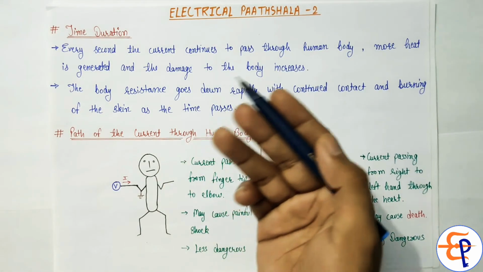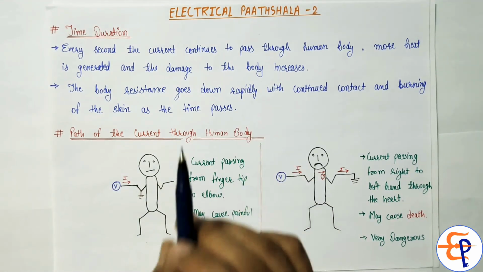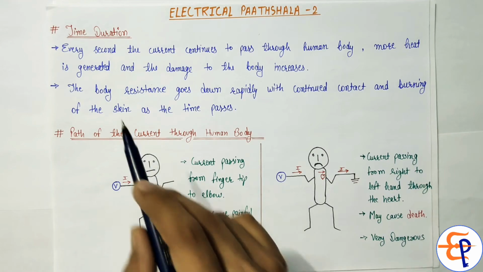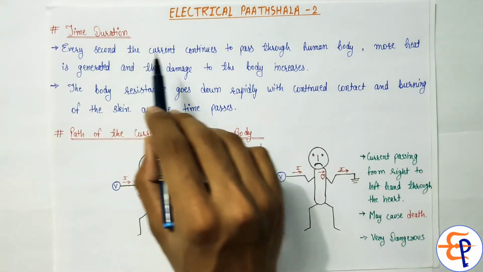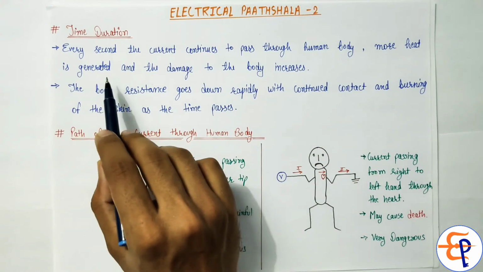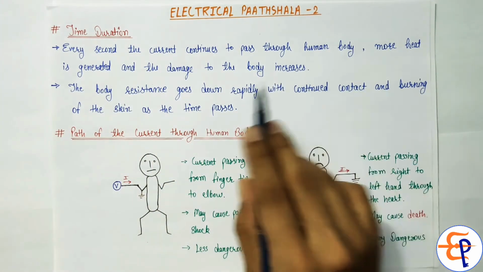For example, say 1 milliampere is passing for a large enough duration through your body, then it can also cause painful shocks to you. Why does this happen? Because every second the current continues to pass through the human body, more heat is generated because of the body resistance, and the damage to the body increases as time passes.